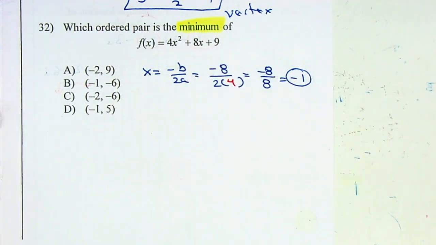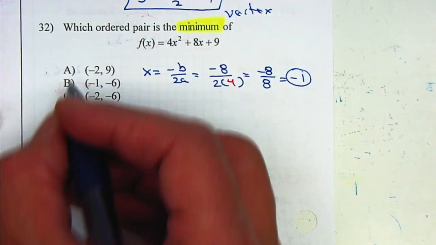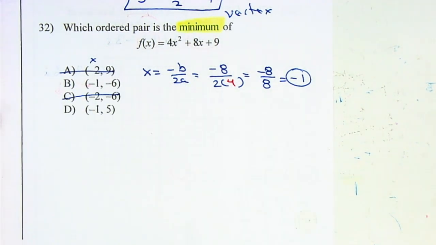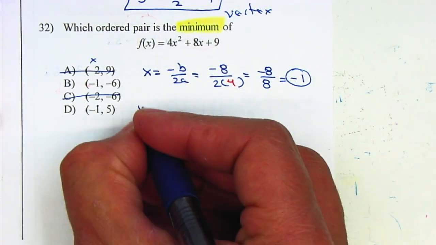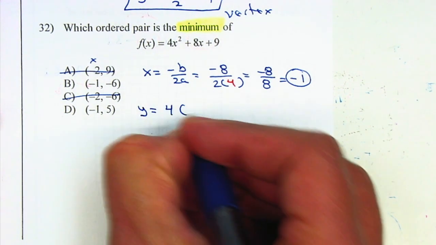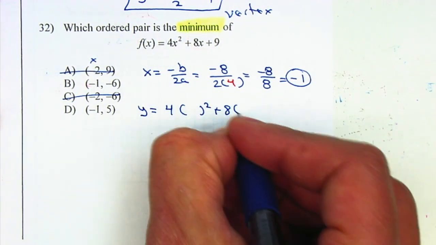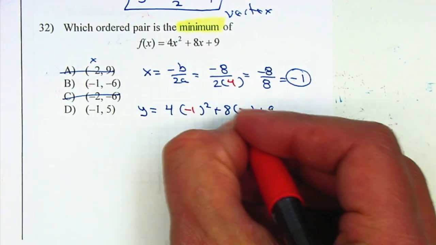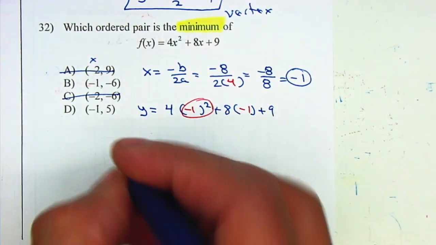I'm going to plug in a negative 1 in here to find my y value. So I know it's not A, because my x value has to be negative 1. It's not C. Y is equal to 4x squared plus 8x plus 9. That gives me negative 1, negative 1. I need to square this first.